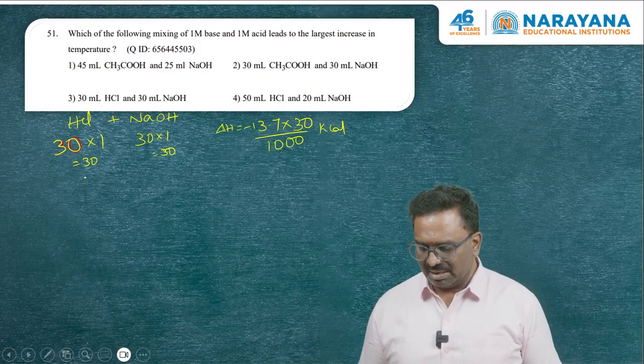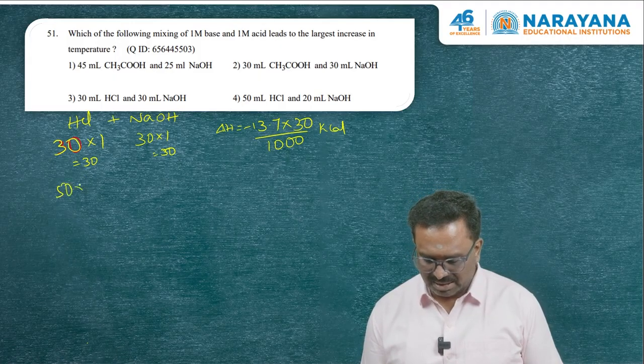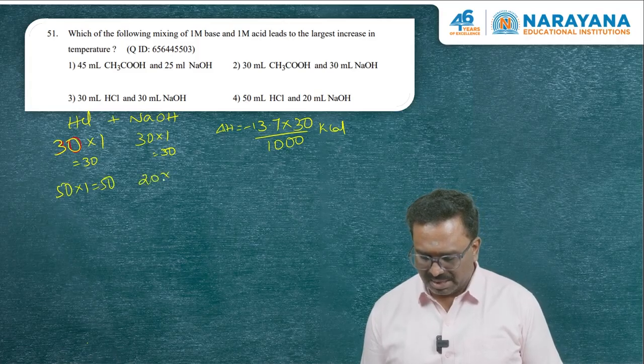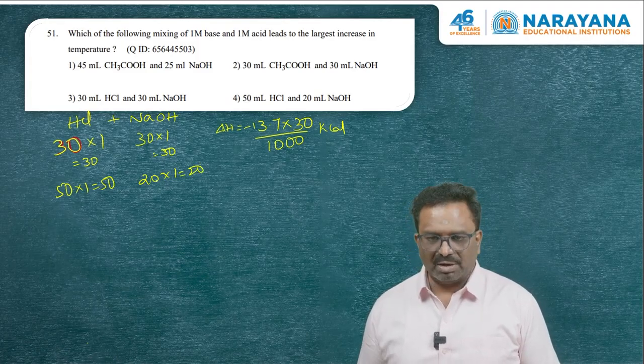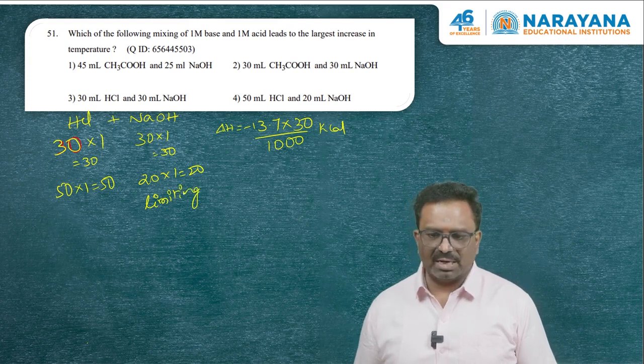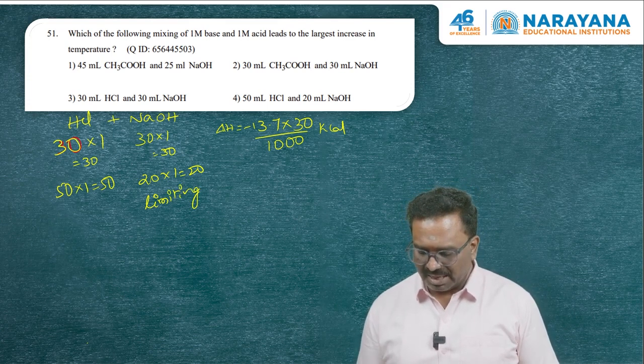But if you see 50 ml of 1 molar HCl, that is 50 millimoles, and the other is 20 ml of 1 molar, which is 20 millimoles. The limiting reagent here is NaOH, so the number of millimoles is less. That means relatively less energy is released here.